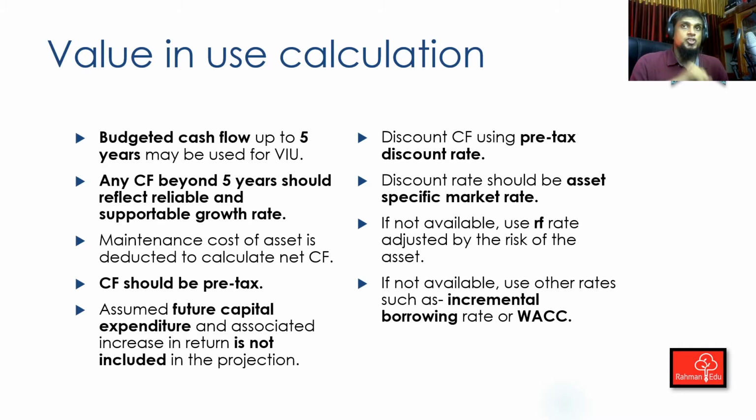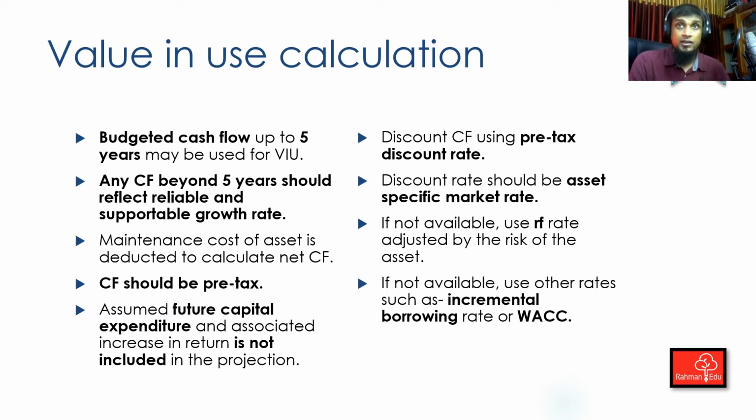If you make a budget, take budgeted cash flow for the next 5 years, up to 5 years, yeah? Do not take budgeted cash flow for 10 years, 20 years. Because IAS 36 assumes it's very difficult for a company or person to make a forecast or budget over a very long period of time, like 10 years.